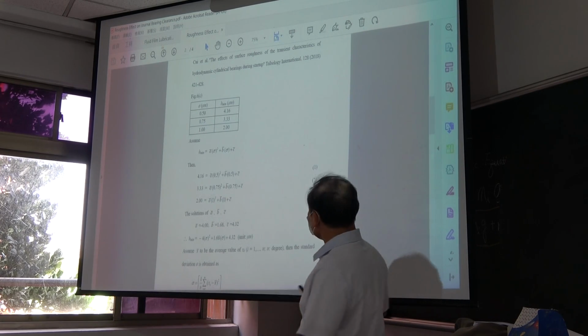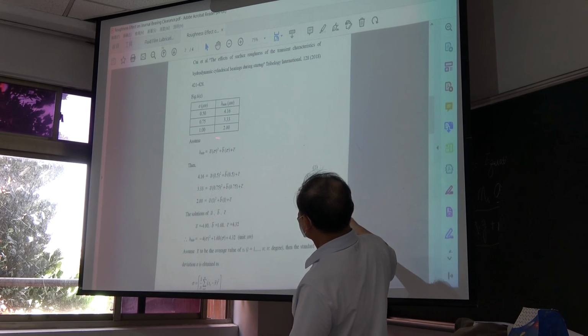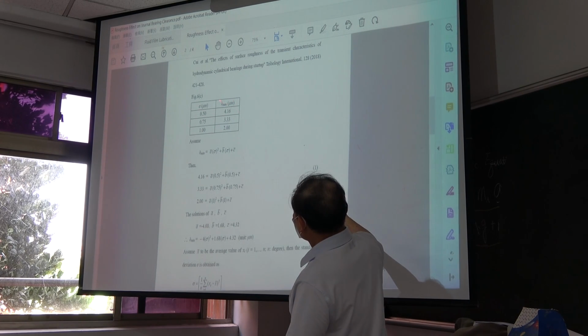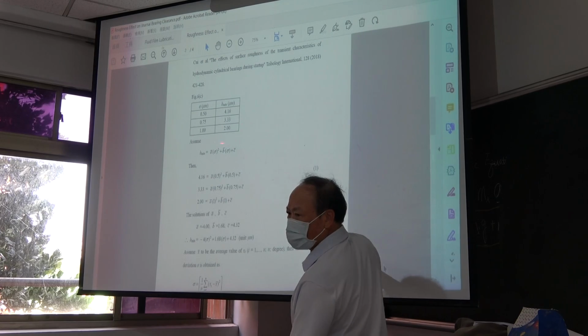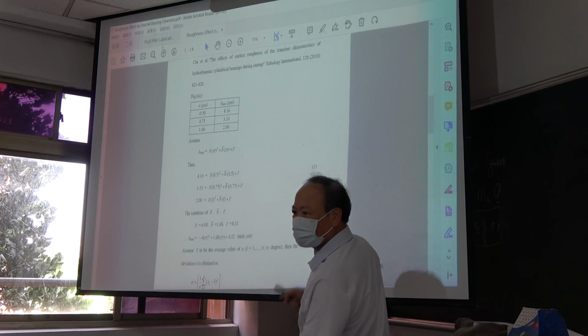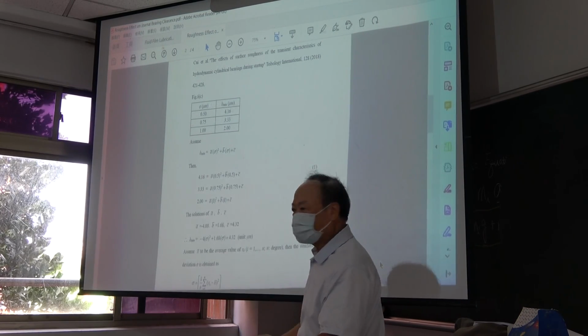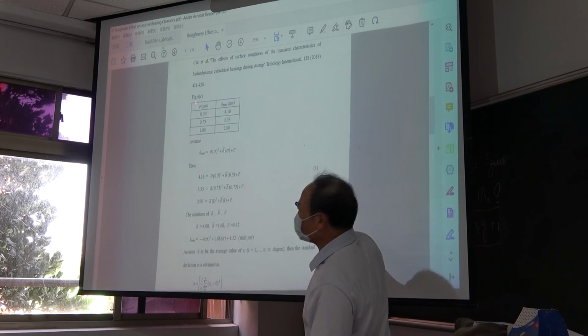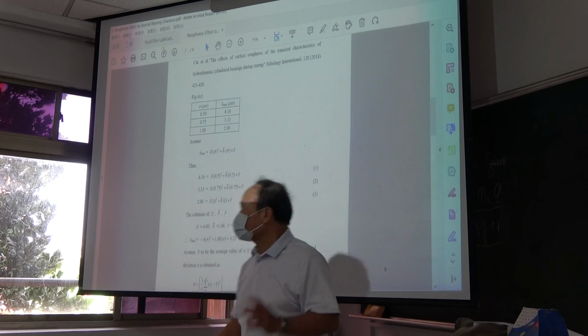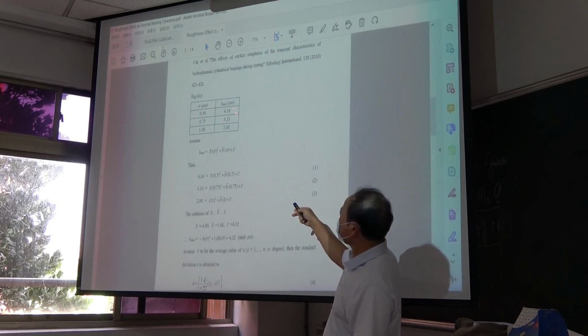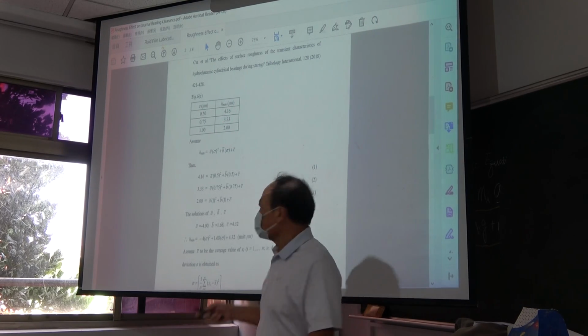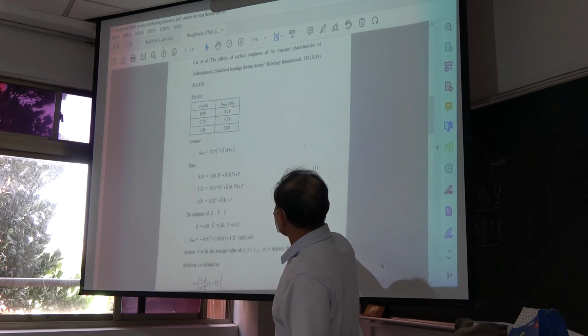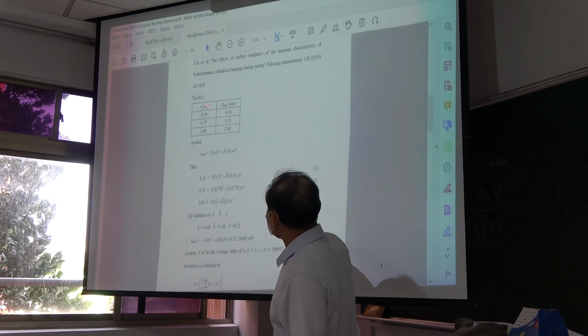So here we have this one. We do a regression to obtain the expression relating the minimum film thickness H minima and our standard deviation. We want to use this data to establish a mathematical expression between the minimum film thickness and the standard deviation.